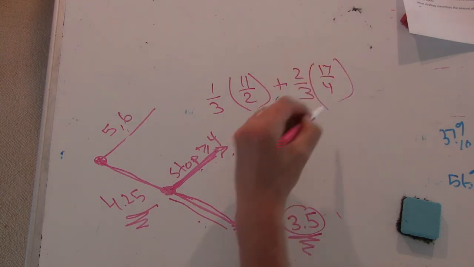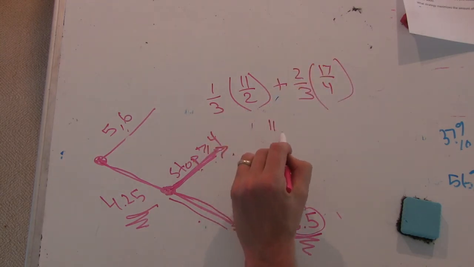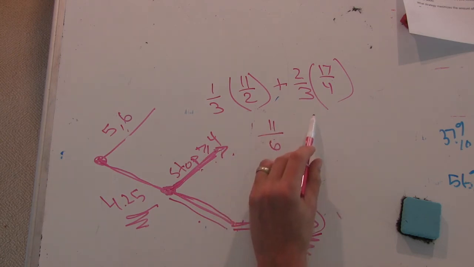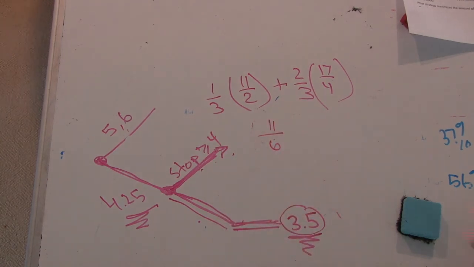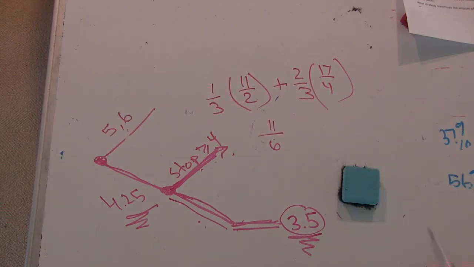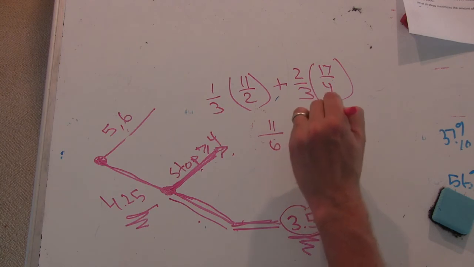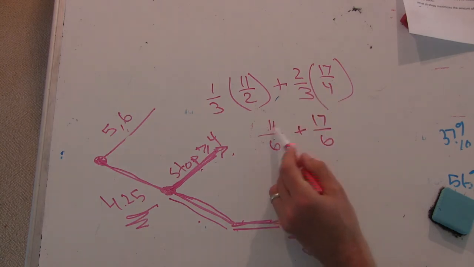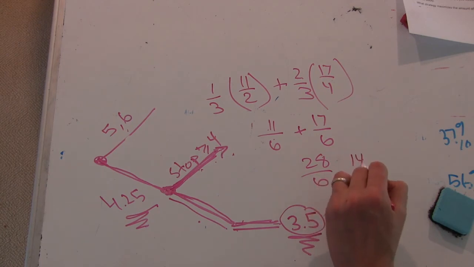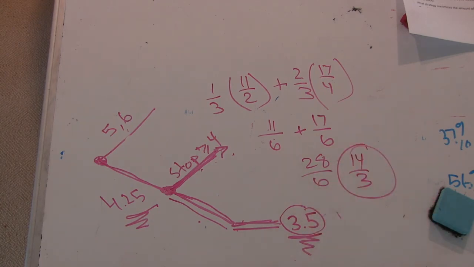So this is 11/6, which is 22 twelfths. Oh, sorry, yeah, you're right. Plus 17/6. So that's 28/6, which is 14/3, which is what we found in the program. 14/3, yeah, which is what you found in your program.